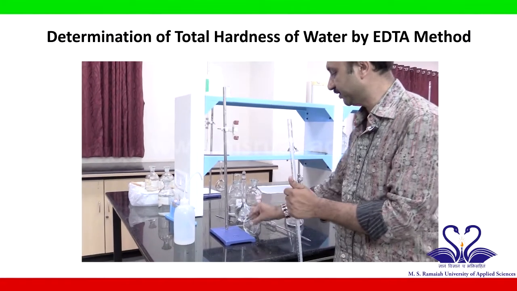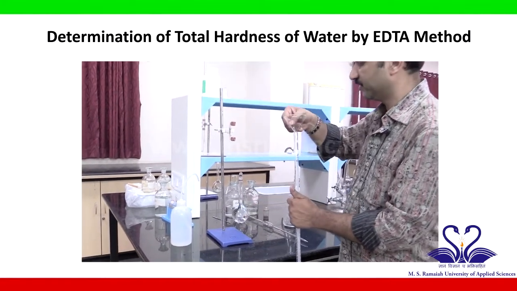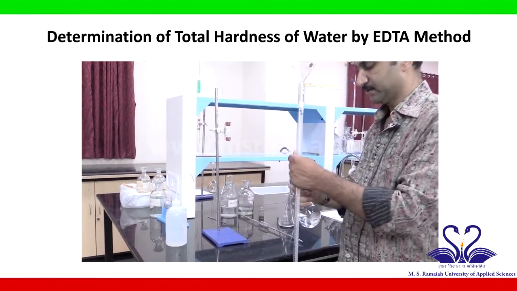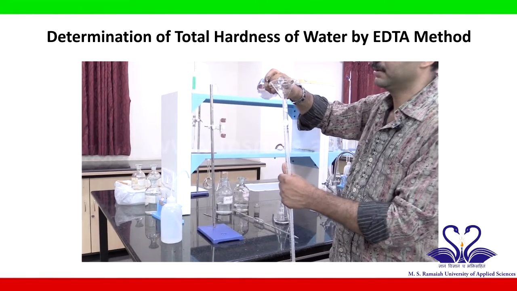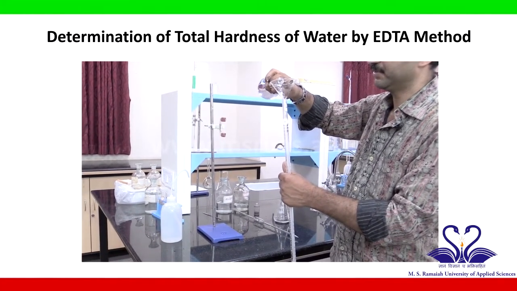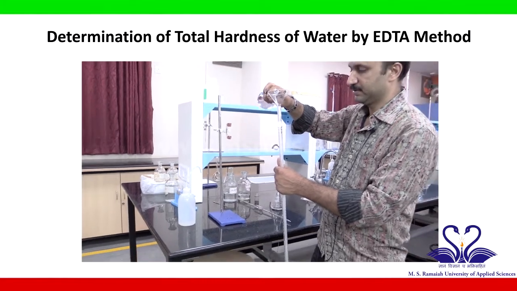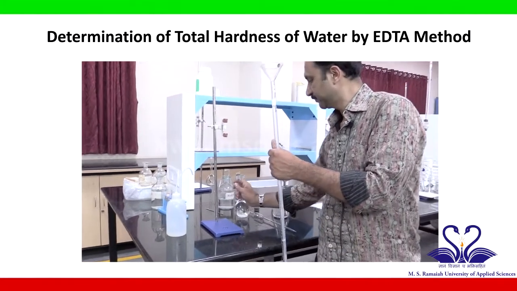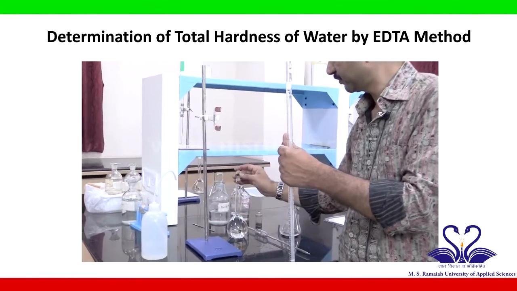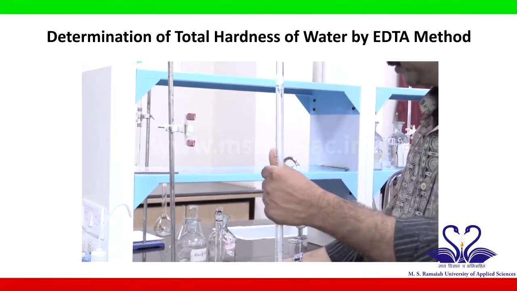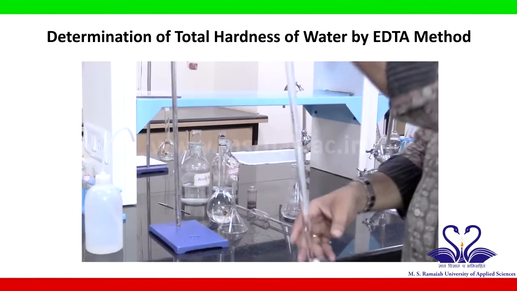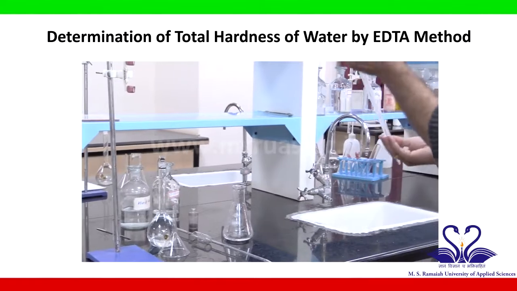Rinsing is important. Take some quantity, some 10 to 15 ml. Using a funnel, you have to always use the funnel. So then rinse it.